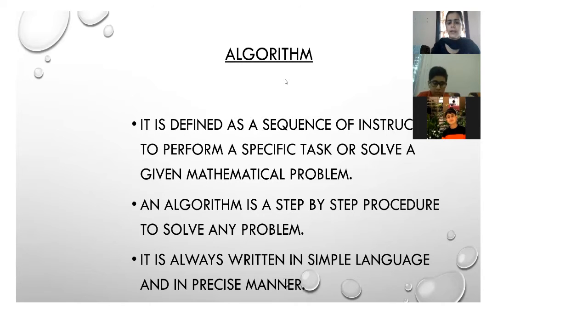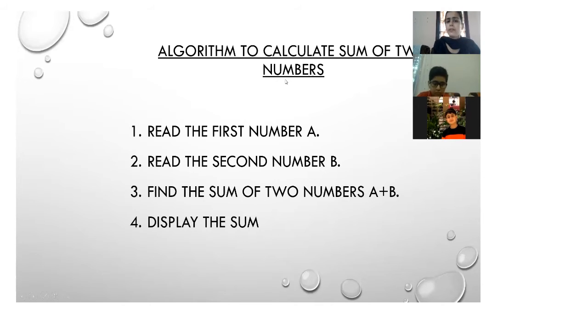Clear? Then, a simple algorithm to calculate the sum of two numbers. We have to calculate the sum of two numbers, in simple language. How can we write it? Read the first number A, read the second number B, find the sum of two numbers A plus B, display the sum.